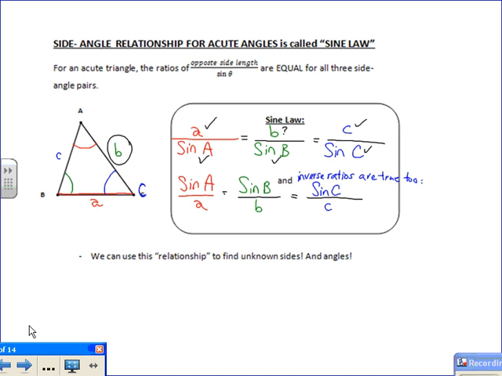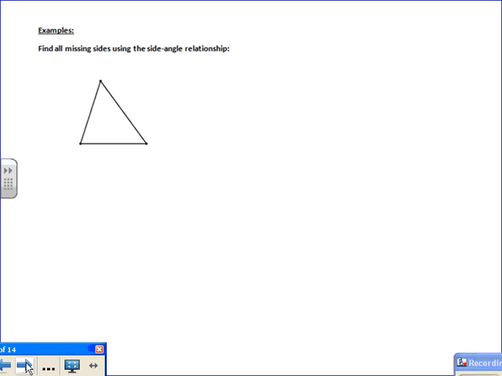Let's go ahead and try this with an actual question. So we've got a triangle here. It's an acute triangle. Let's label this triangle A, B, C. Let's say we're given a couple of angles here, 30 degrees for angle A, and 70 degrees for angle B. And let's say that we are given the side length A to C, and it's 13 centimeters.